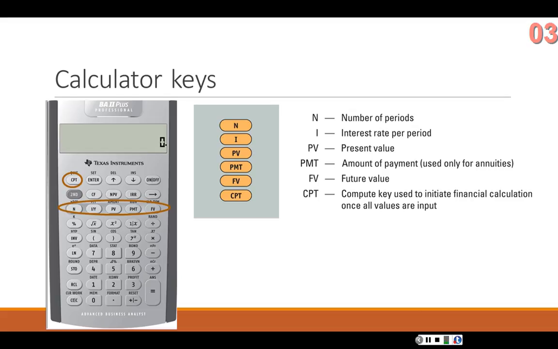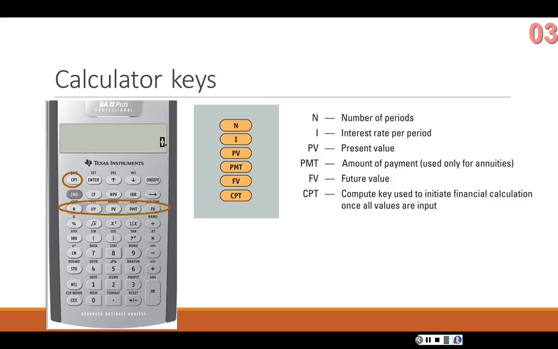Before we can get started working any problems, I want to introduce you to your calculator a little bit. If you have the BA2 Plus, these are the buttons that you're going to be using primarily. So it's the third row, the N, the IY, the PV, the payment, and the future value. N is the number of periods.